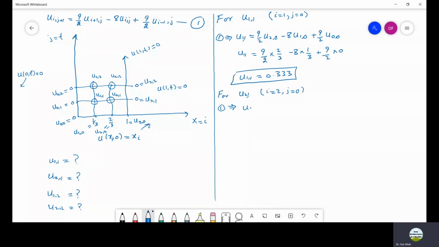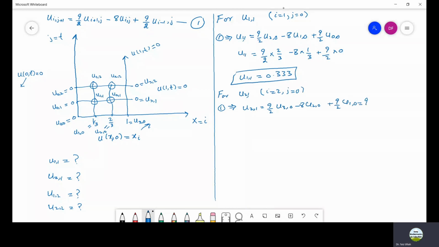So we have u2,1 is equal to 9 by 2 u3,0 minus 8 u2,0 plus 9 by 2 u1,0, and now let us put the values from the chart.